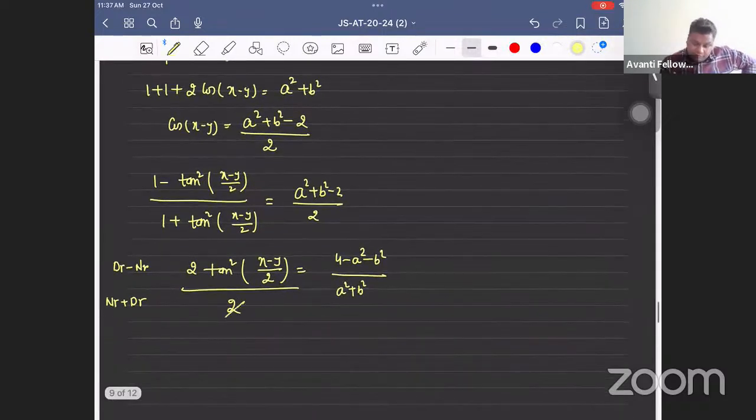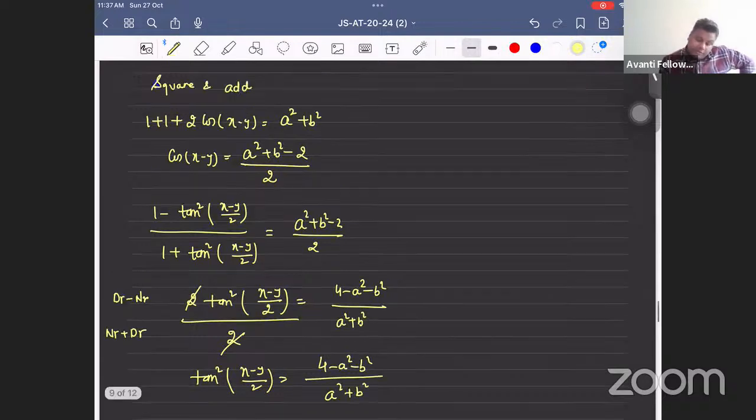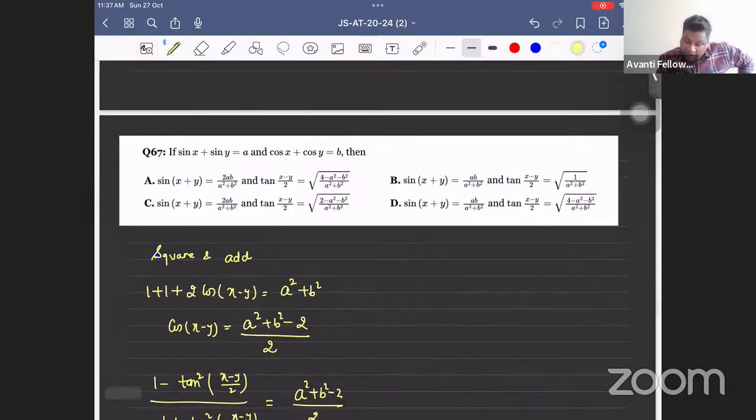Correct? This 2 cancels. So tan square of (x minus y) by 2 is (4 minus a square minus b square) upon (a square plus b square). So either this option is correct, or this option is correct.